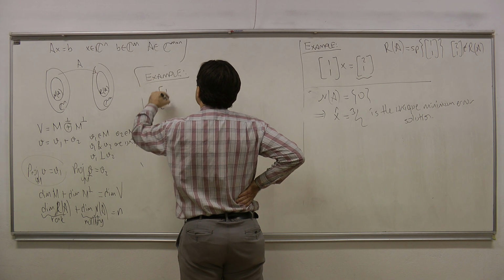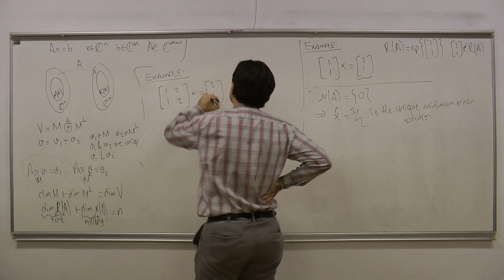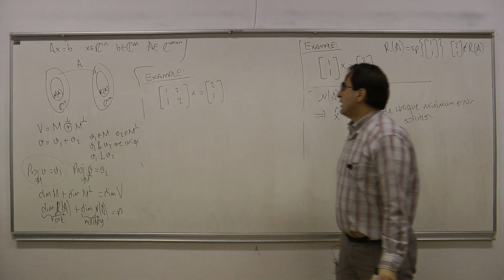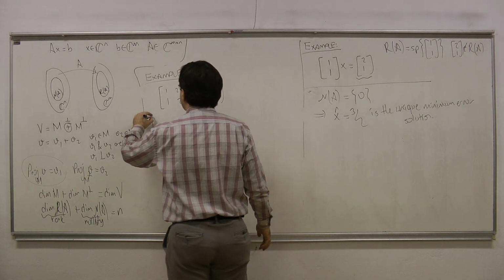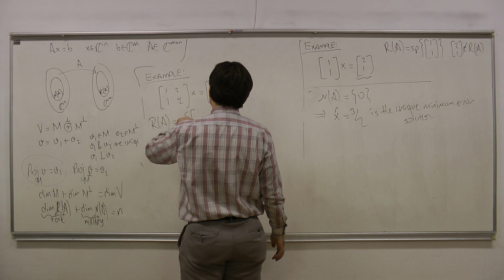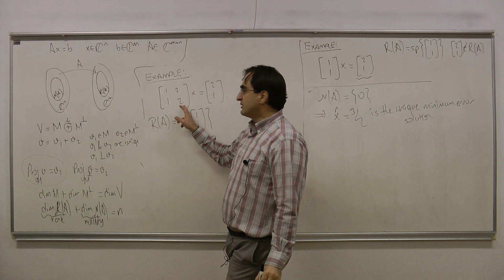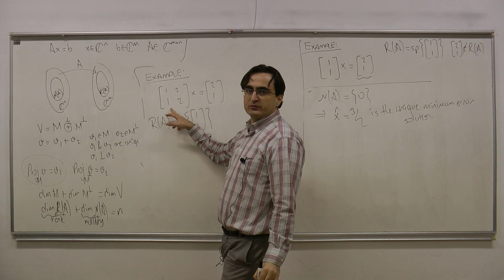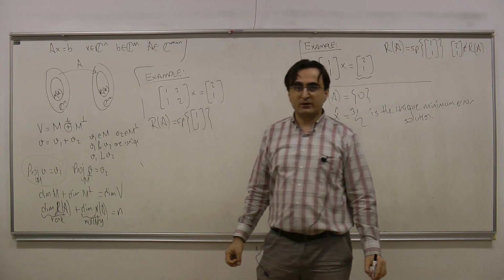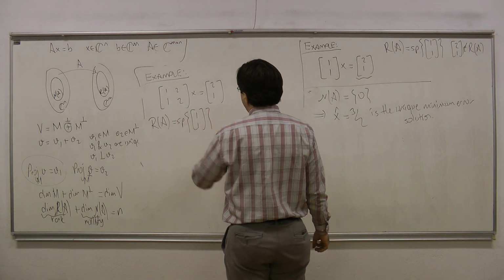So I had 1, 1, 2, 2, and I have X, and I had 2, 1, which had a form like this. And in this case, we have calculated the range space of A to be the span of 1, 1. In this case, I had 2 columns, but the span of those 2 columns is only one-dimensional because these 2 columns are linearly dependent. Okay? And that is the range space of A.